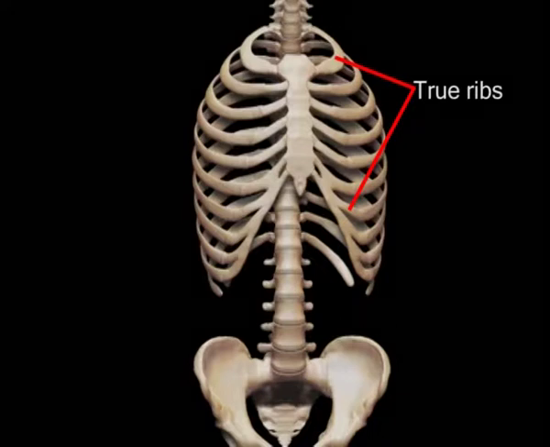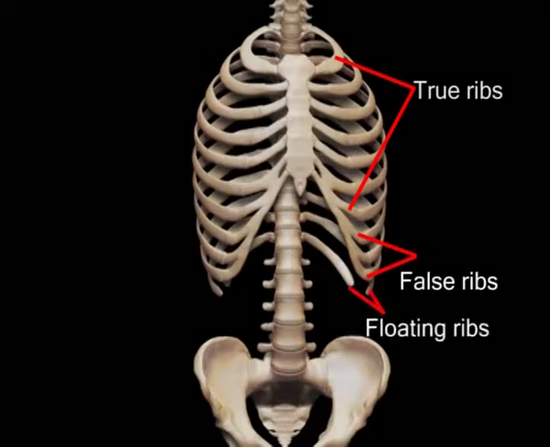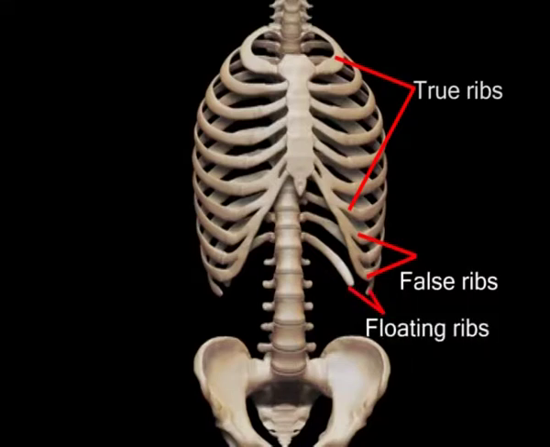Then we have false ribs. False ribs are those ribs which bifurcate and form ribs, and they are 3 pairs. So that means 6 ribs. Then we have the last 2 pairs, and they are called floating ribs because on one end they articulate with the vertebral column, but on the other end they are not articulated with the sternum at all.